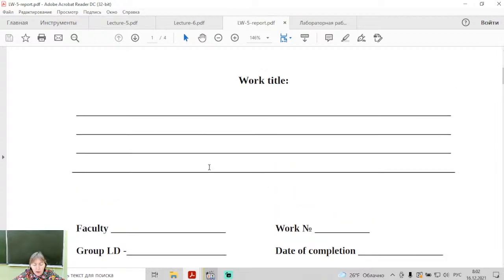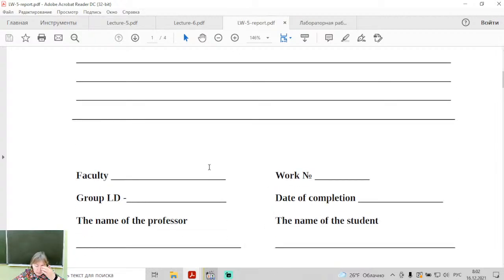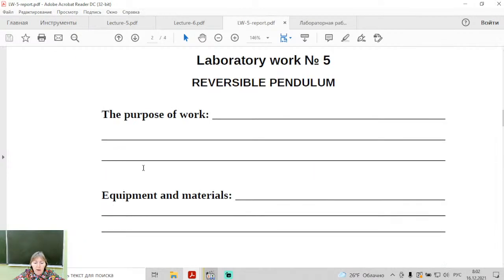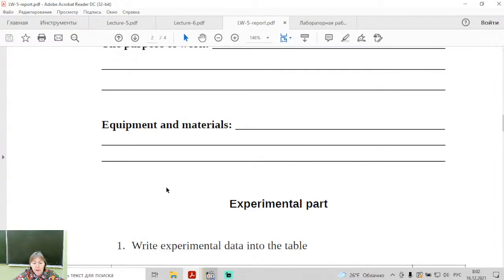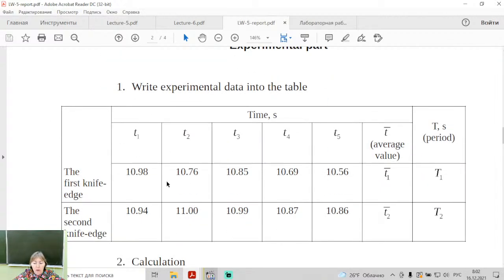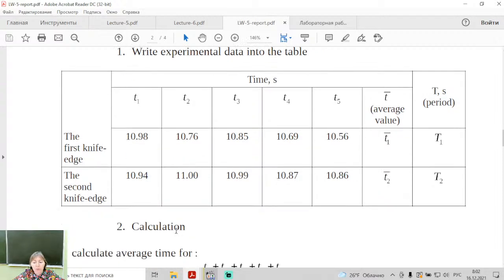Work title, reversible pendulum, date, name of student, the purpose of work, equipment and materials, and experimental part. You see all this data was done for you, and you have to calculate the average value of T1 and average value of T2.